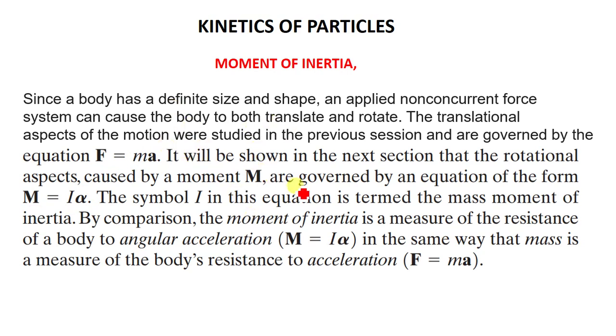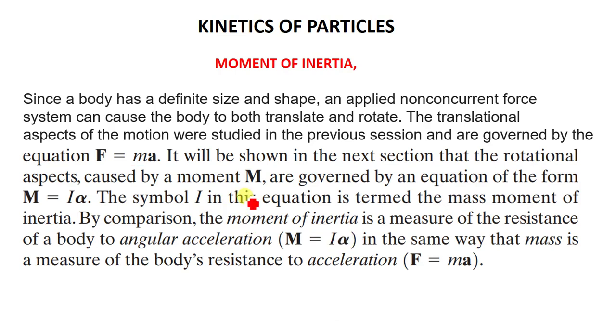The symbol I in this equation is termed the mass moment of inertia. You can hear there is also an aspect of mass here, which is why it's called the mass moment of inertia. By comparison, the moment of inertia is the measure of the resistance of a body to angular acceleration. That's the reason why you're using angular acceleration here.